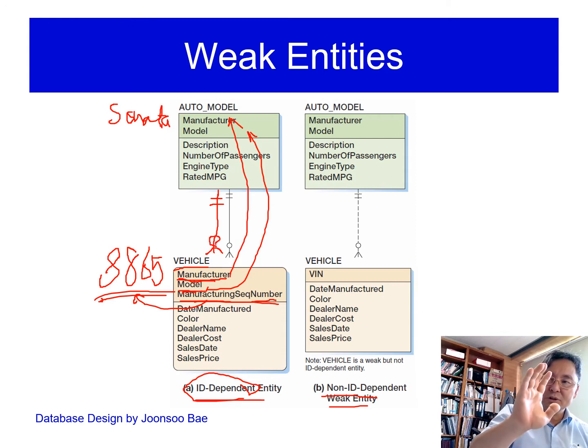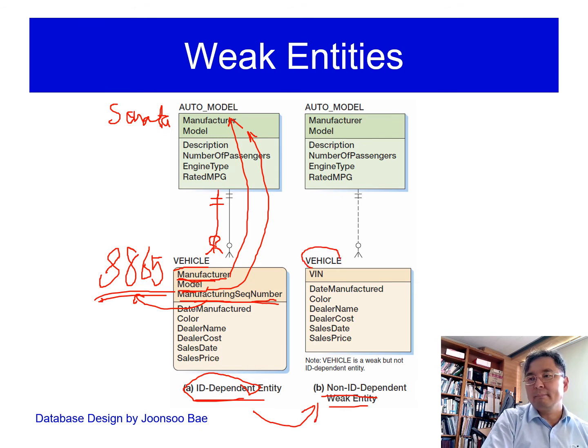But if we modify this ID dependent entity slightly to the right one, this is also a vehicle entity, but they use a VIN number, vehicle identifier number. It's a surrogate key in chapter 2 terminology.